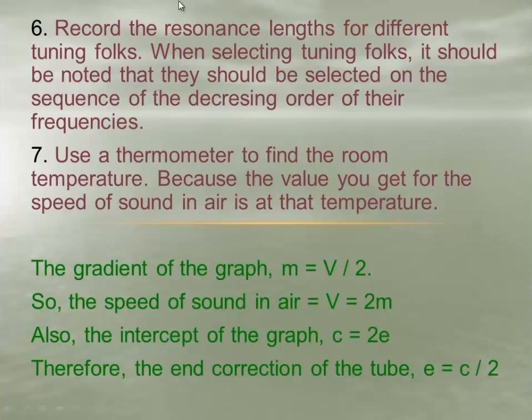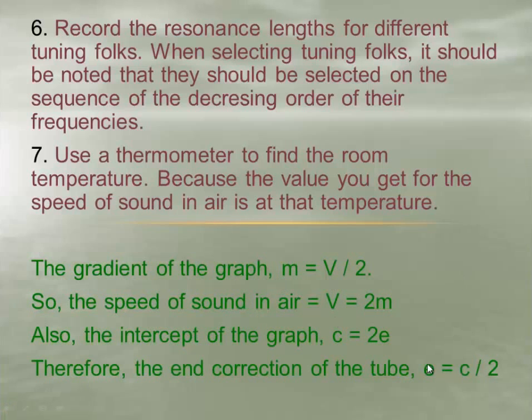Finally, you measure the temperature using the thermometer, because the speed of sound in air is the value that you get at that temperature. Using the gradient of the graph, you can find the speed of sound in air, and using the intercept of the graph, you can find the end correction of the tube. All right. So that's it about the resonance tube.